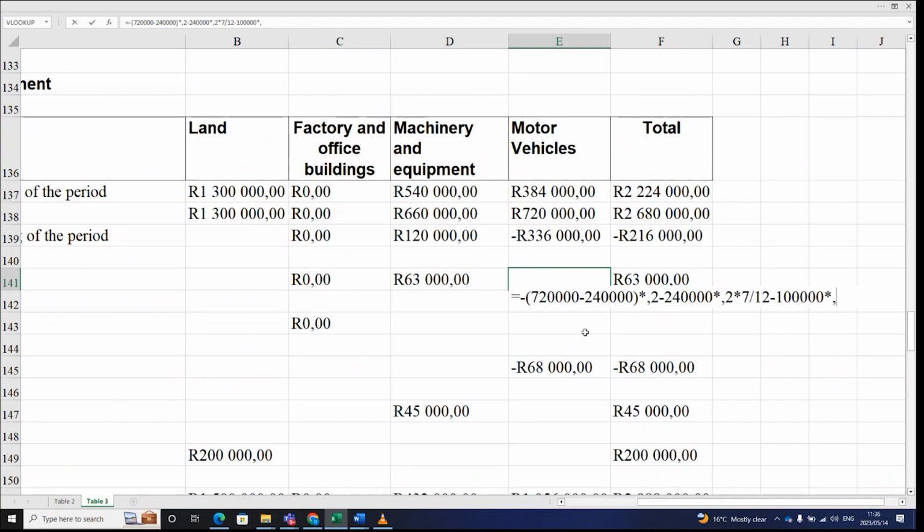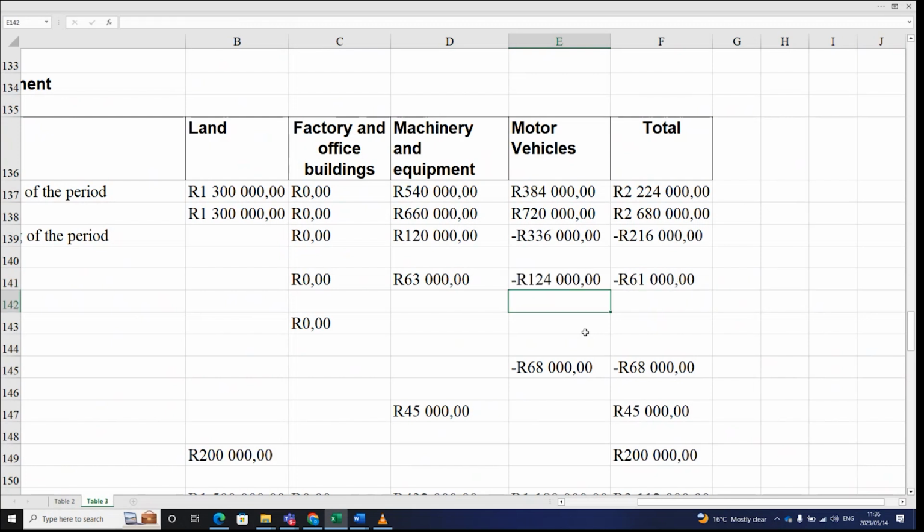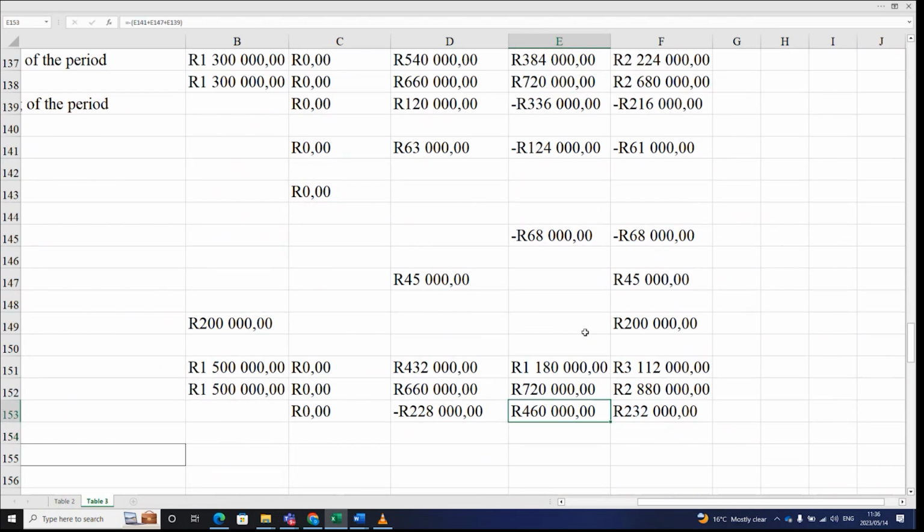But since there was no new asset, we'll just need to take out the depreciation for the asset that was disposed of. So that gives us 124,000. Then to close it off here, we know that for the cost of the asset, we say the 720,000 minus the 240,000 gives us the cost.